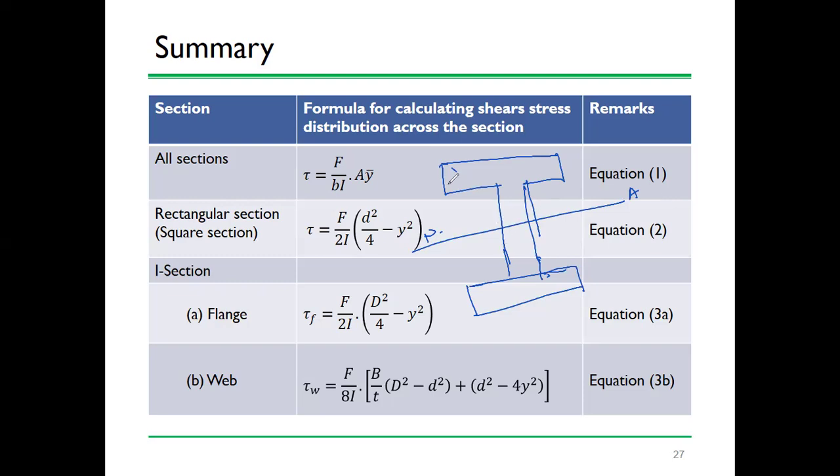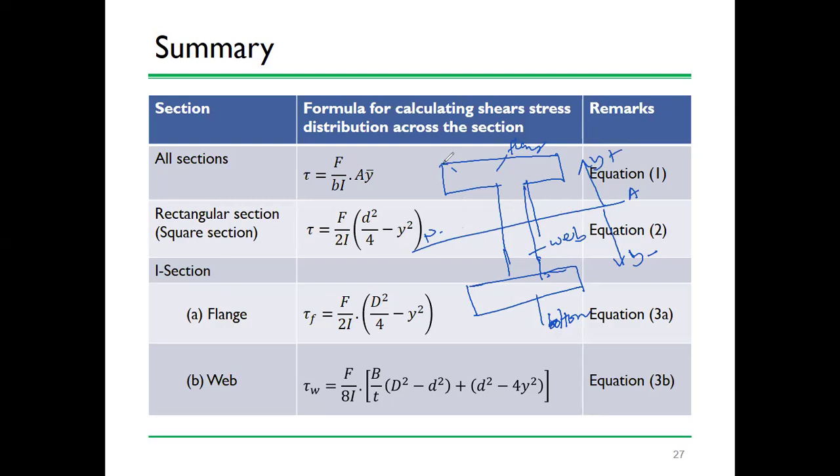So for I section, we have the flange, the top one. We also have the bottom flange. And then this is the web. So typically, you are measuring Y upward and Y downward. So if this is negative, this must be positive.